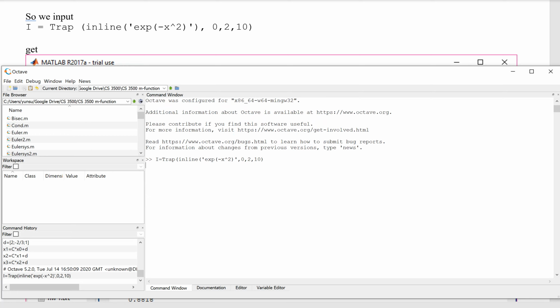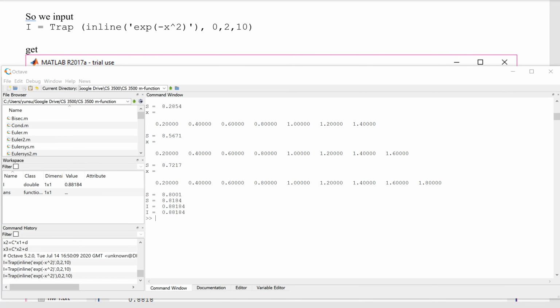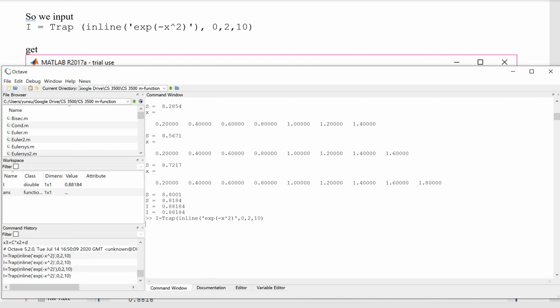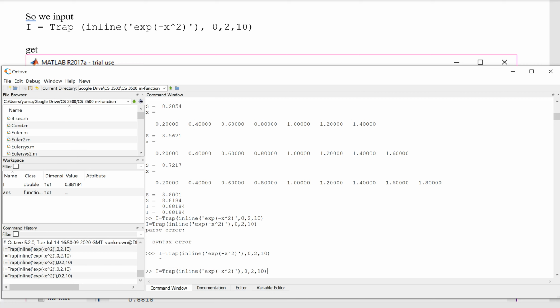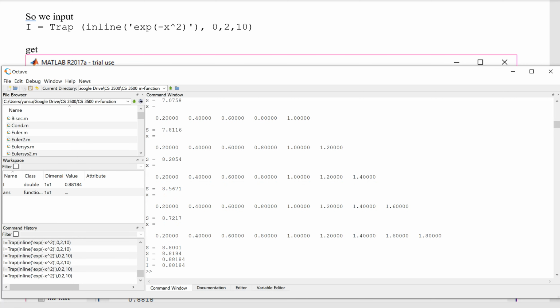Okay, it turns out I missed a parenthesis on the right, so there's a problem. I need to insert the parenthesis here. Sometimes you have to be careful. Alright, then here is the answer. The approximation is 0.88184.